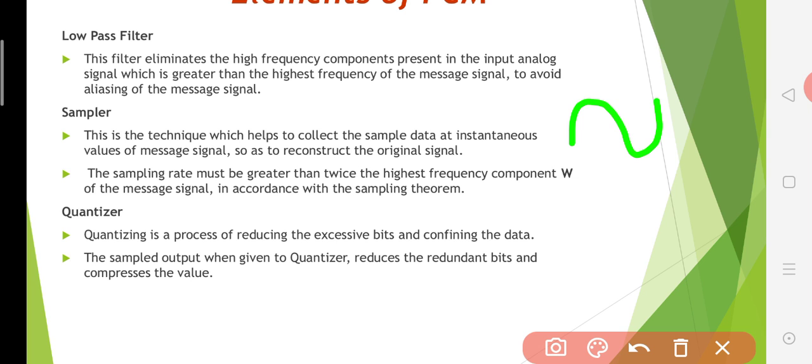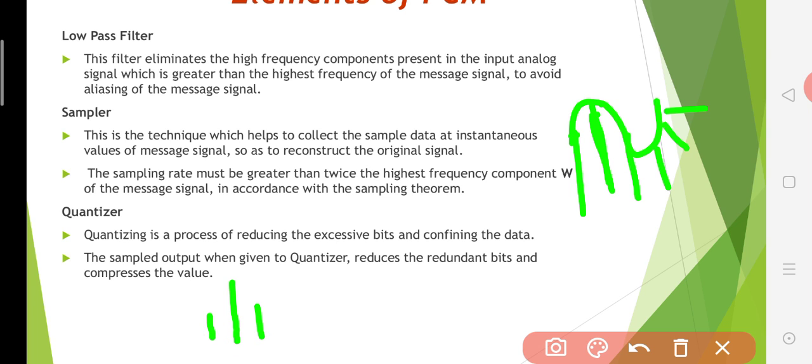We collect only the sample points. These samples are taken by us. After taking the samples, the signal will be like this.